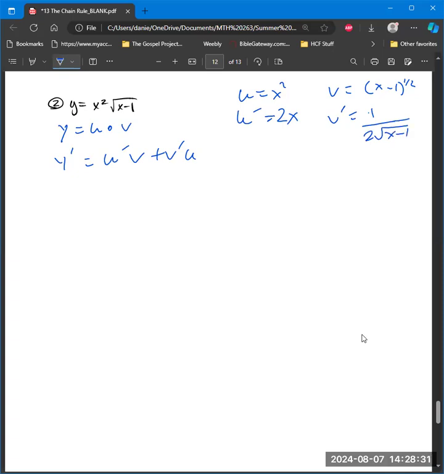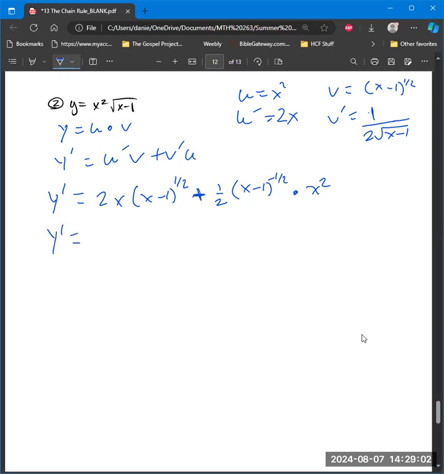The derivative of the inside there is just 1. So y prime is going to be u prime times v minus v prime times u. And sorry, this is plus, not minus.